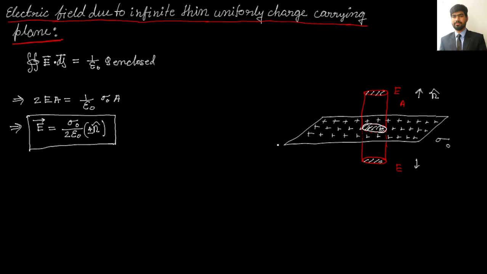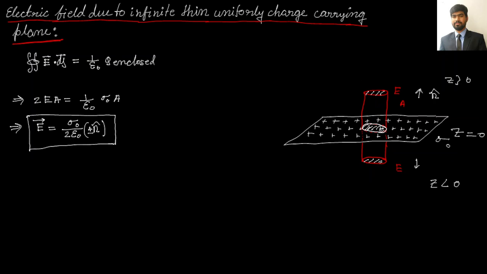Okay. And let's give a specific example. Let's say this is the xy plane, and let's say this plane is the z equals to 0 plane. So if this is z equals to 0, then above this plane z will be greater than 0, and below this side z will be less than 0. So in this case, for z greater than 0, on this side the electric field will be sigma by 2 epsilon naught.